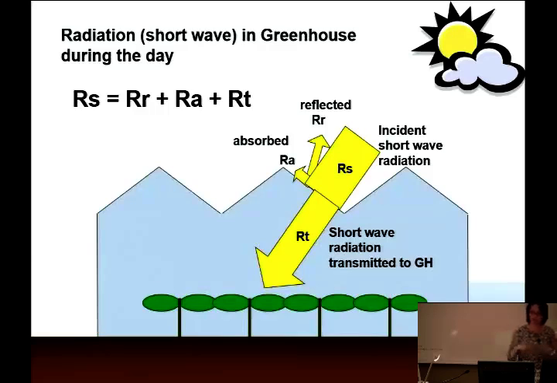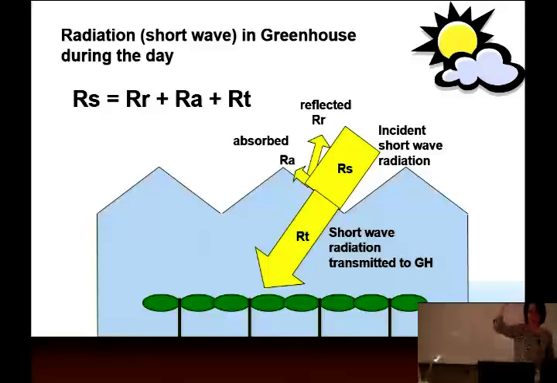So the greenhouse is more like a protection from maybe wind or dust, maybe capturing a little bit more humidity inside rather than the heat. But traditionally, greenhouse is to capture the heat so that you can grow your plants for an extended period of time. So this is a sort of the solar radiation budget at the glazing level, right?